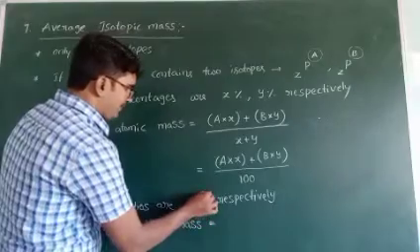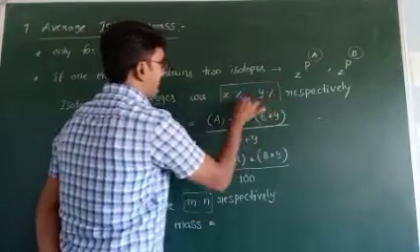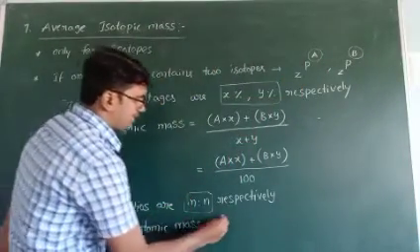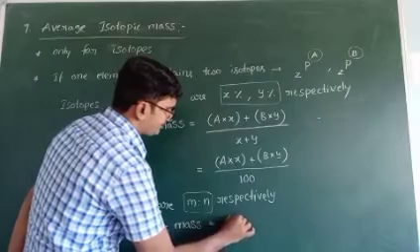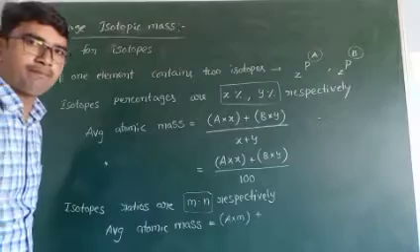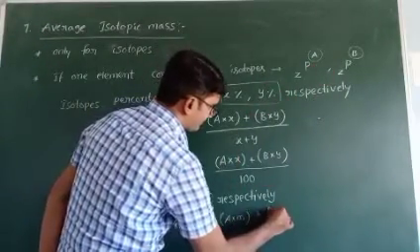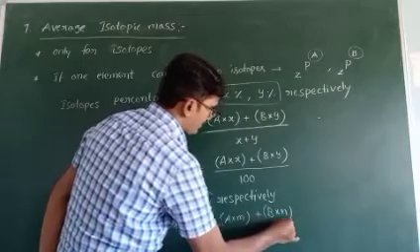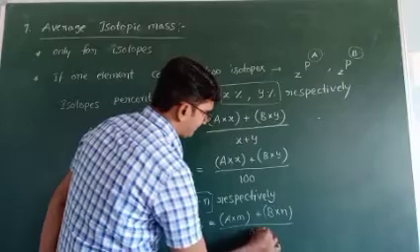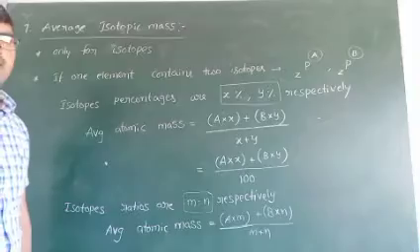M is to n, ratios are given here. In the first case, percentages are given. Very simple: A into m plus B into n, divided by m plus n.